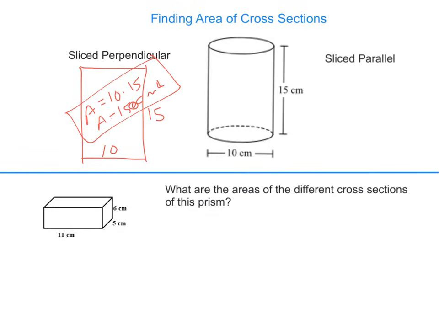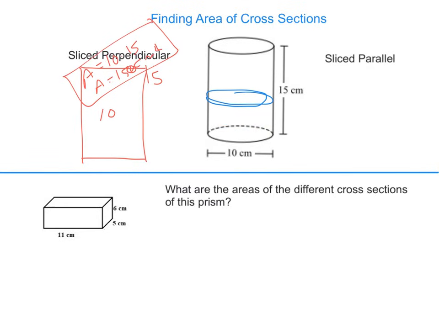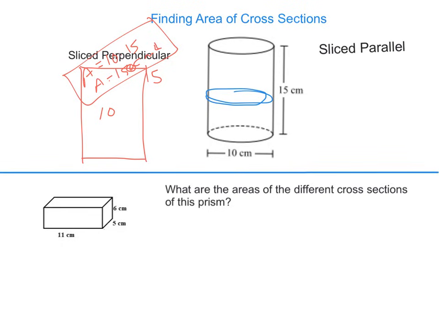If I slice parallel, I slice at the same slope as the base. Let's see if I can separate this now. Okay, so that slices that right there. So I've got a circle, and you'll notice the diameter of the circle is 10.